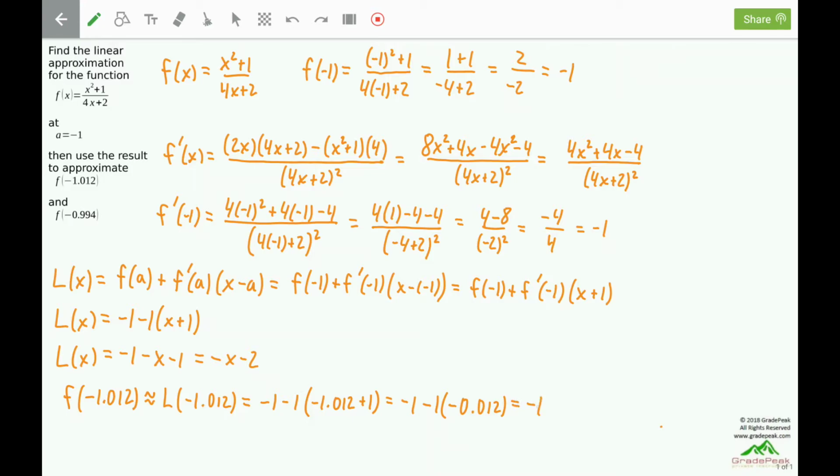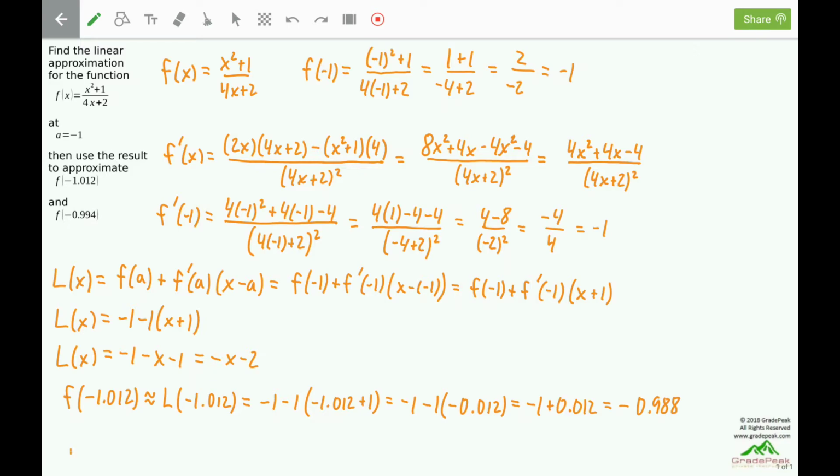Times that with a negative 1, it comes out to a positive 0.012. Add that to a negative 1, and it comes out to negative 0.988.